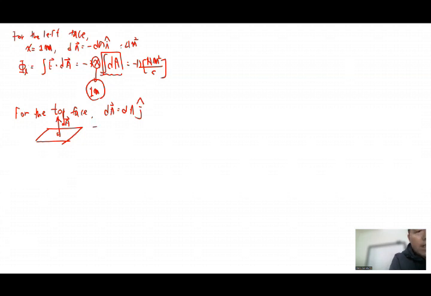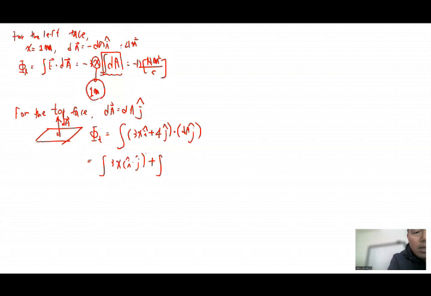With that, the flux on the top face is the integral of (3x i plus 4j) dot dA j. That is the integral of 3x i dot j plus the integral of 4 dA j dot j.